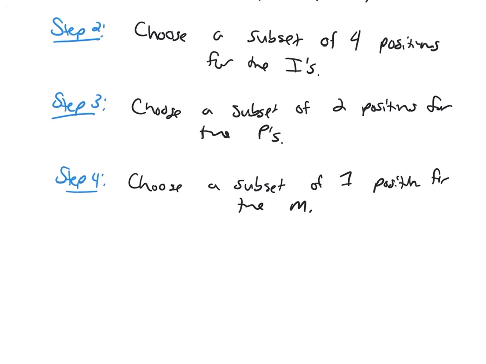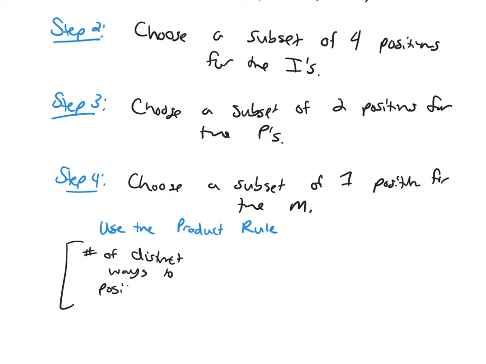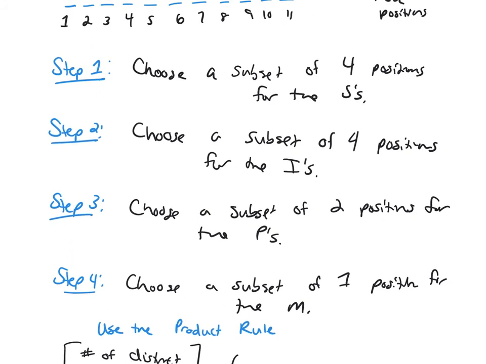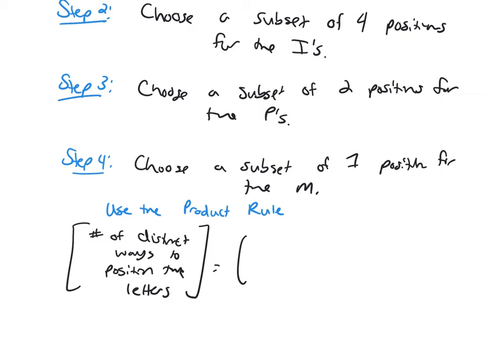So now we're going to break this down. We do it in the step-by-step process, and you're going to use the product rule for counting. So the number of distinct ways to position the letters. Well, first, if I look back at step 1, I have 11 positions and I need to choose 4 of them.